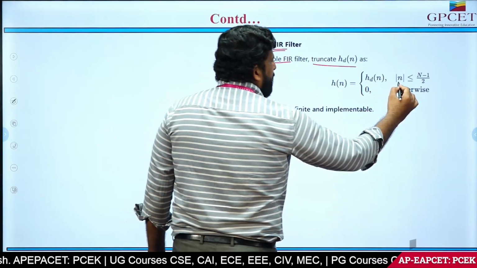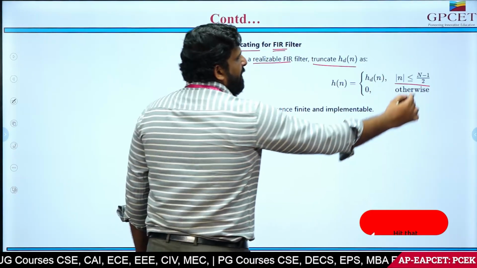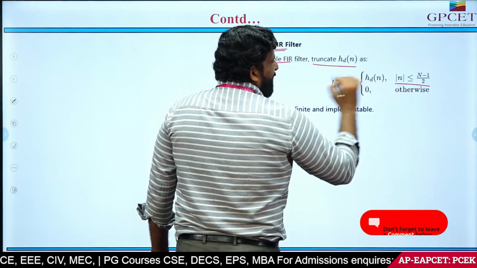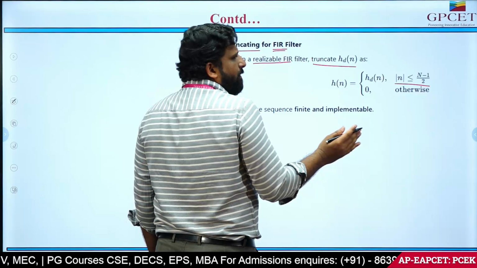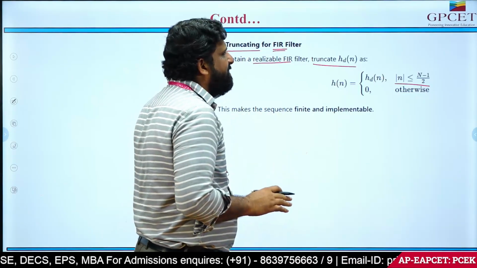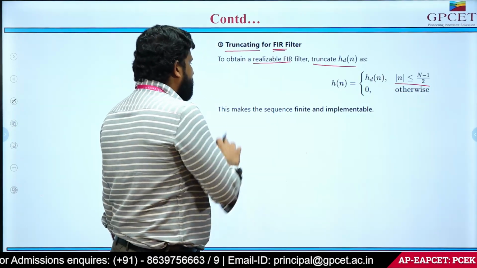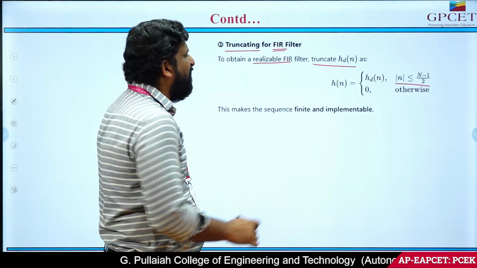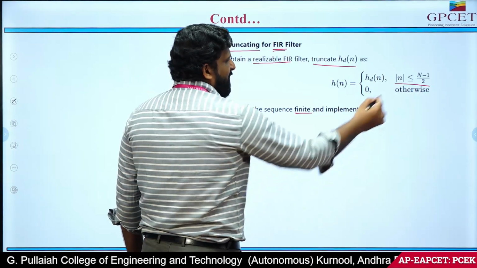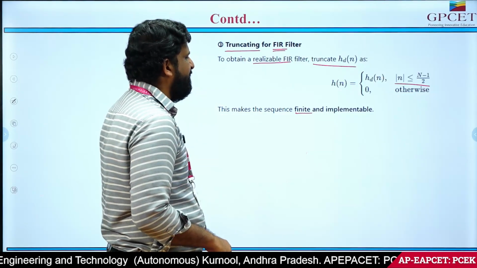In this range, mod n less than or equal to n minus 1 by 2, the value will be hd of n, otherwise it will be 0. So the truncation converts the infinite duration into a finite duration. This makes the sequence finite and realizable, and we can realize that FIR filter.